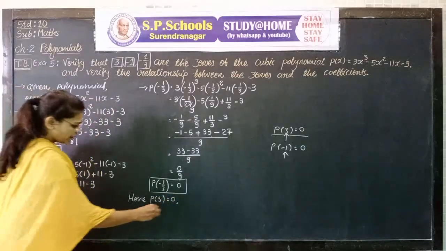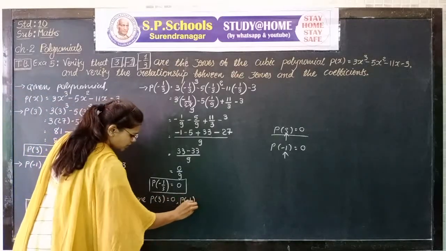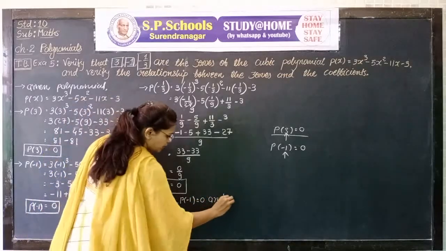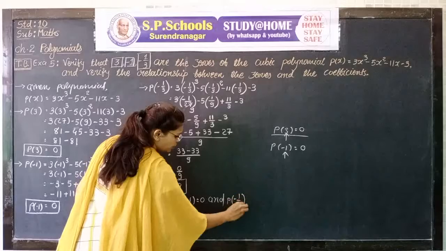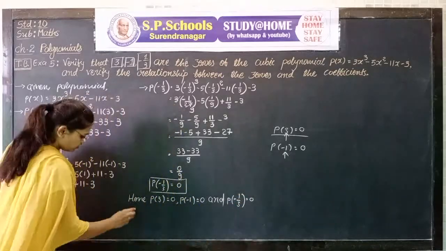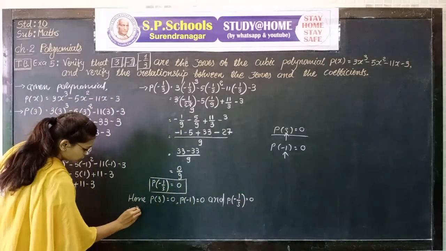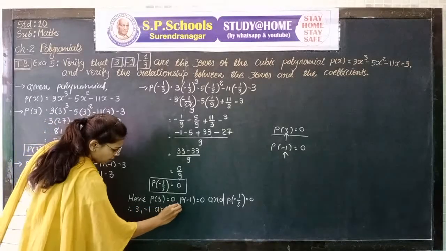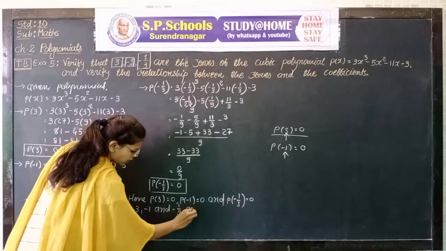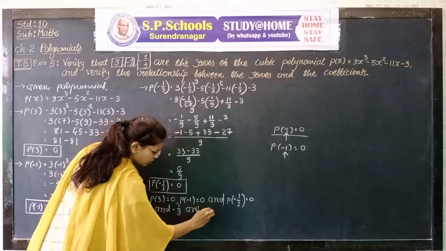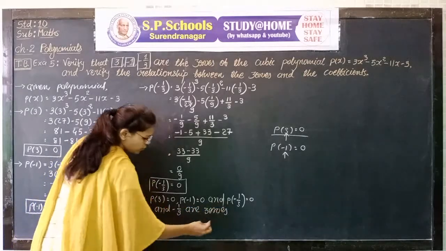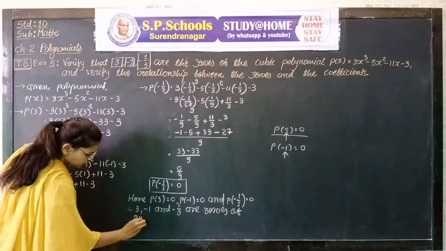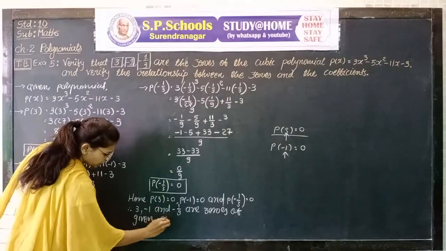Second, P of minus 1 is equal to 0. And P of minus 1 upon 3 is equal to 0. Therefore, 3, minus 1 and minus 1 upon 3 are zeros of the given polynomial.